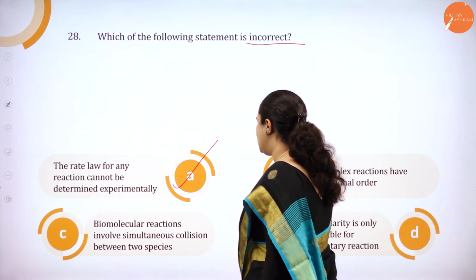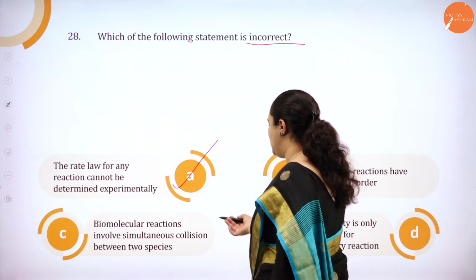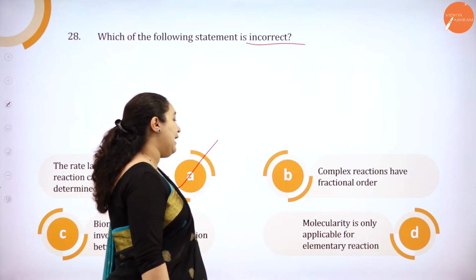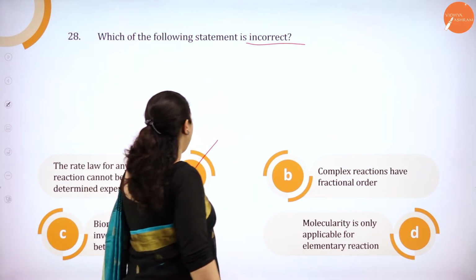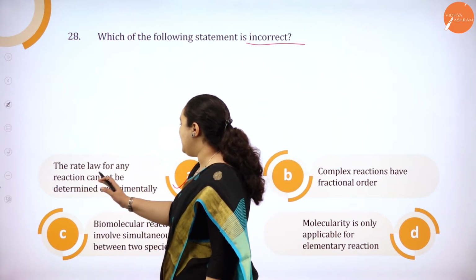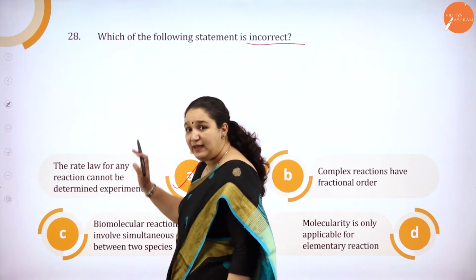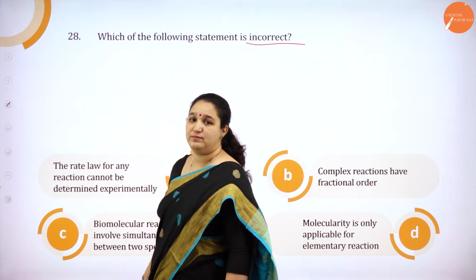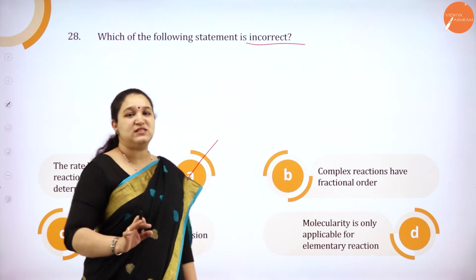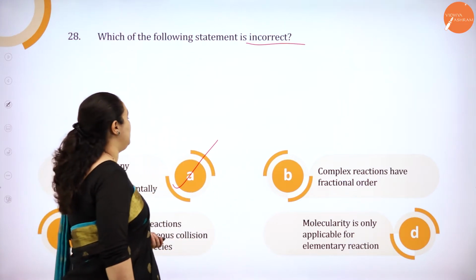Bimolecular reaction involves simultaneous collision between the two species. It's absolutely right. Molecularity is only applicable for elementary reactions. That is also correct. This is wrong because the rate law for any reaction can be determined experimentally. Correct? So option A is the wrong statement. Next one.